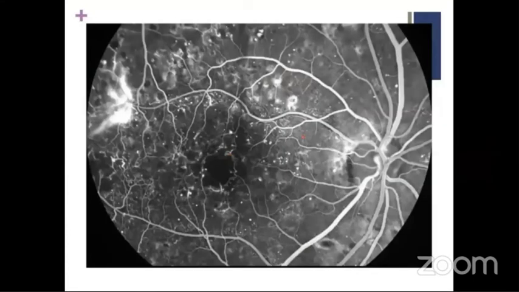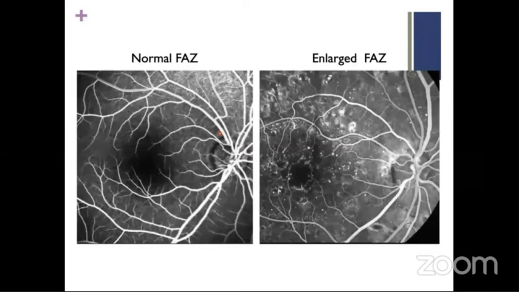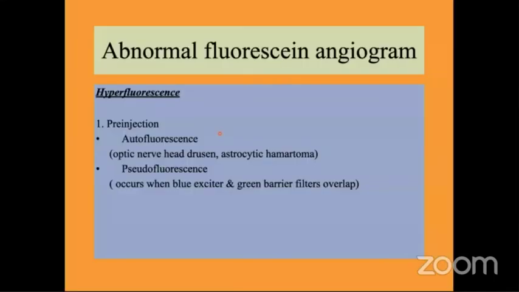This is an FFA of a right eye in a diabetic patient, showing an abrupt ending of the vessels in the foveal area, along with an enlarged foveal avascular zone and multiple hyperfluorescent dots suggestive of microaneurysms, and neovascularization showing a leak in the temporal aspect of the macula. So this is a case of macular ischemia along with neovascularization, which is suggestive of proliferative diabetic retinopathy.